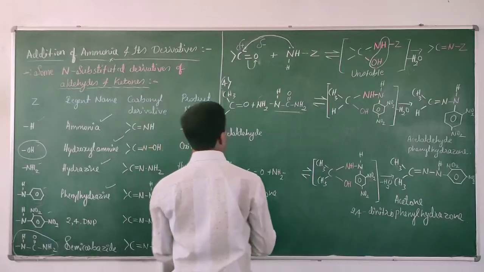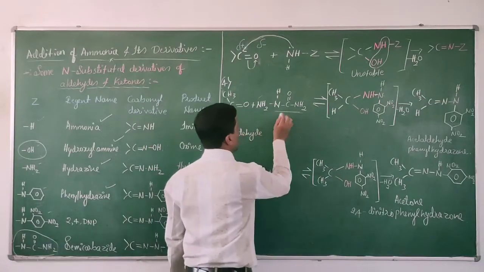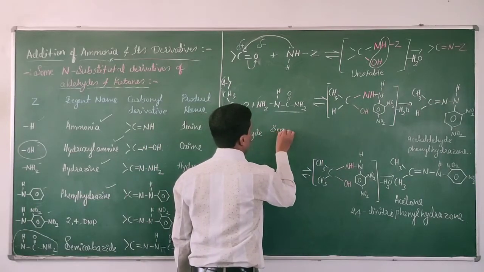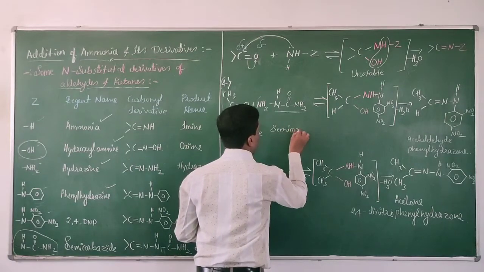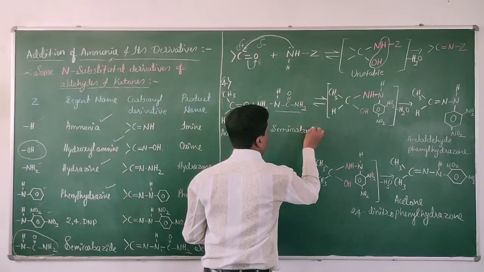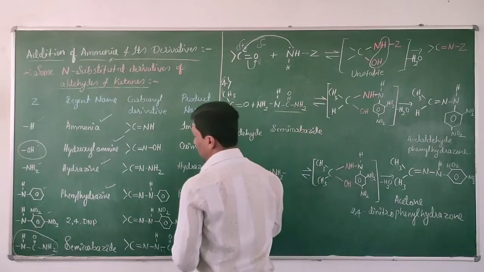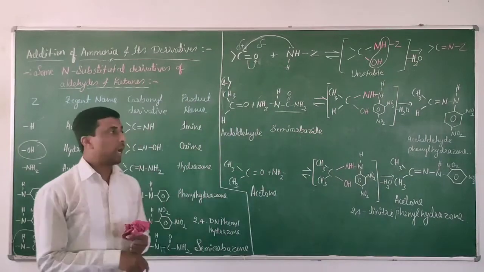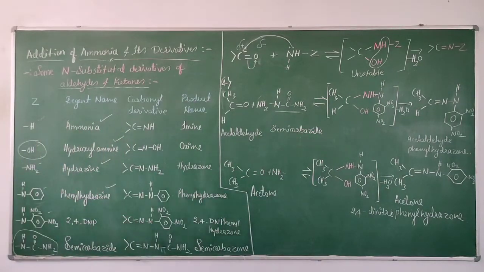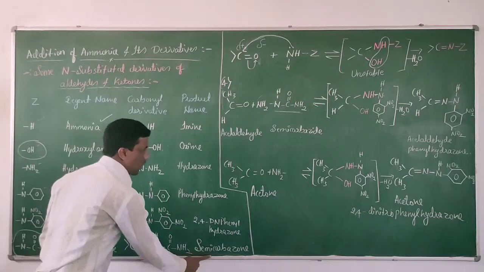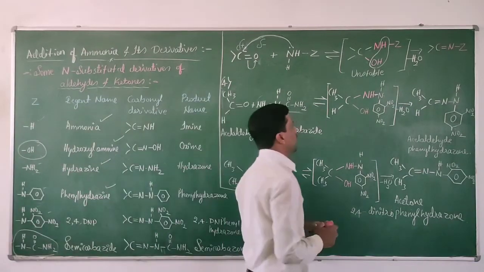Okay. Now, acetaldehyde reacts with this compound, the name of which is semicarbazide. Whenever the acetaldehyde reacts with semicarbazide, what happens? The corresponding semicarbazone will be formed.